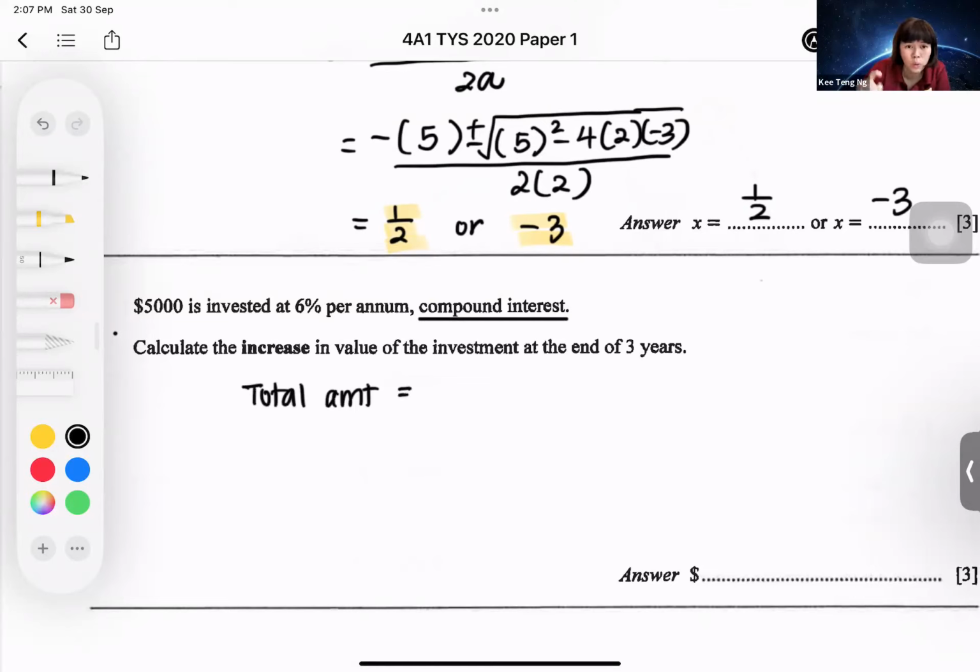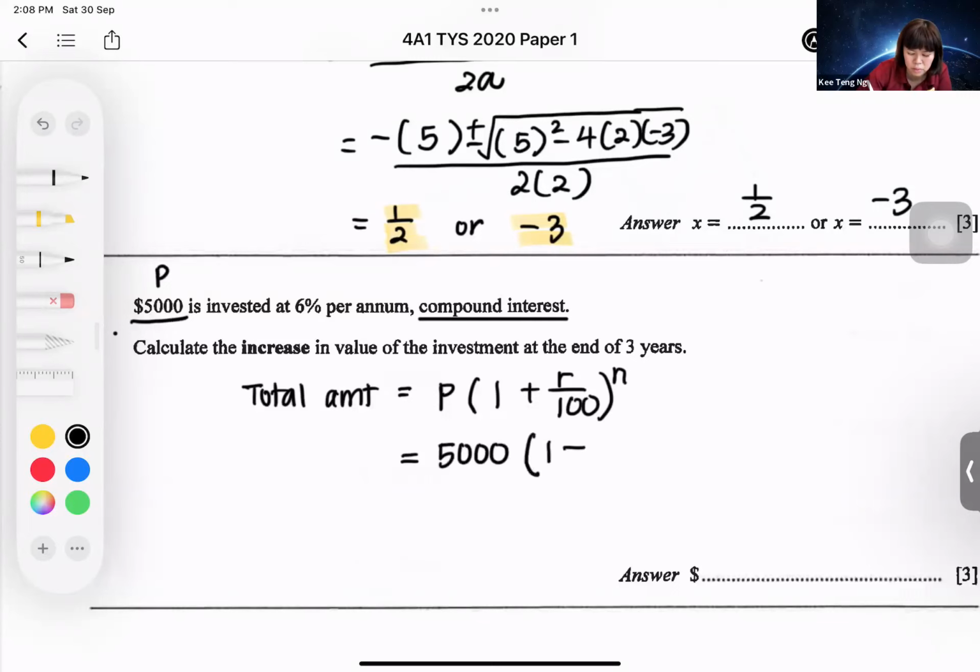So formula, total amount equals P bracket 1 plus R over 100 to the power of N. This is looking for the total amount. The P is the amount that I have, 5,000 to start off with, the investment, the 6% per year. So this is my R, interest rate.